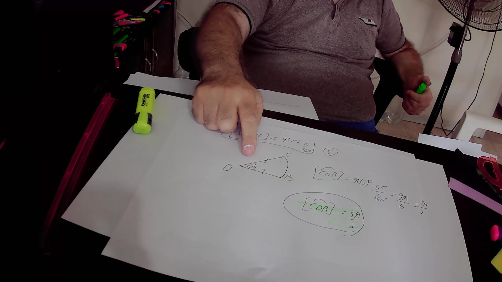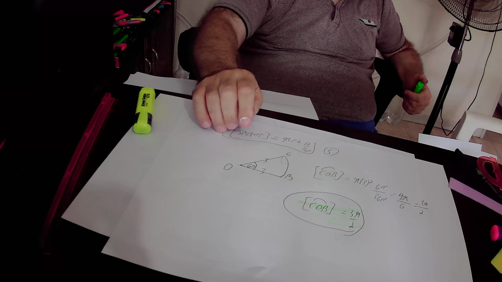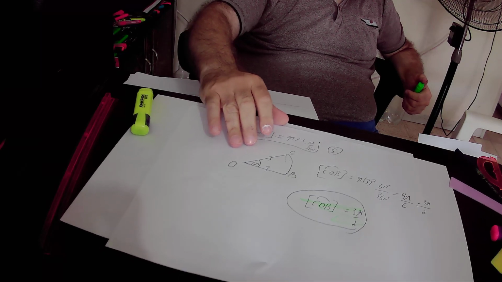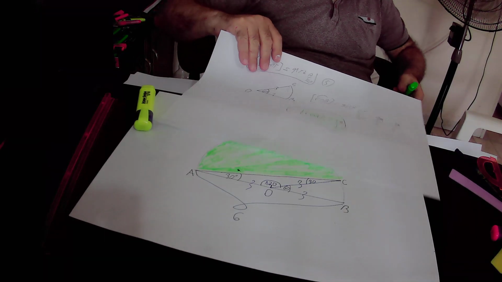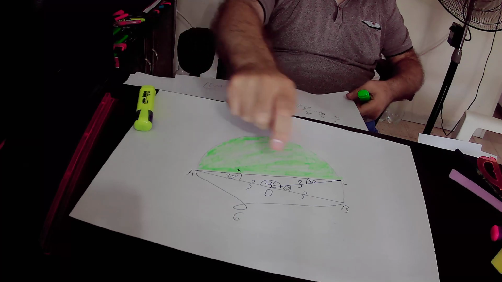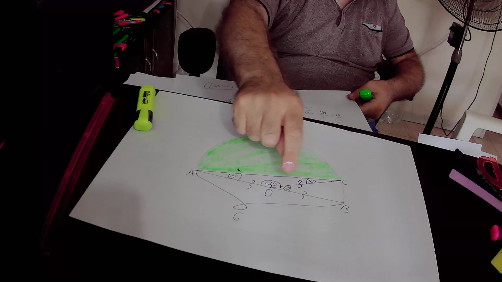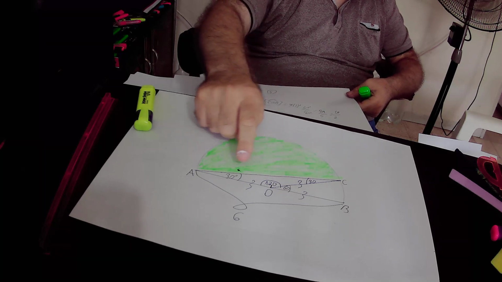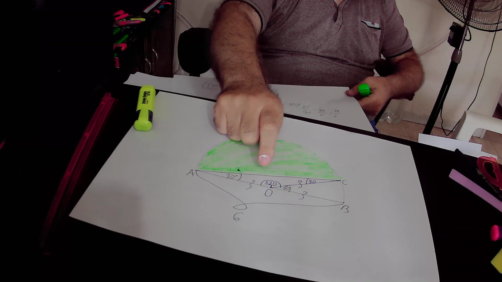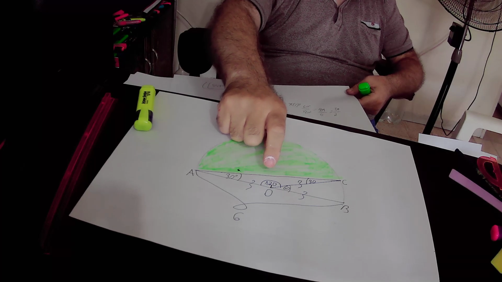And what is the angle between the legs of sector COB? Here we know that AB is the diameter of the semicircle, therefore it is absolutely a straight line. And the sum of the angles on one side of a straight line is equal to 180 degrees.